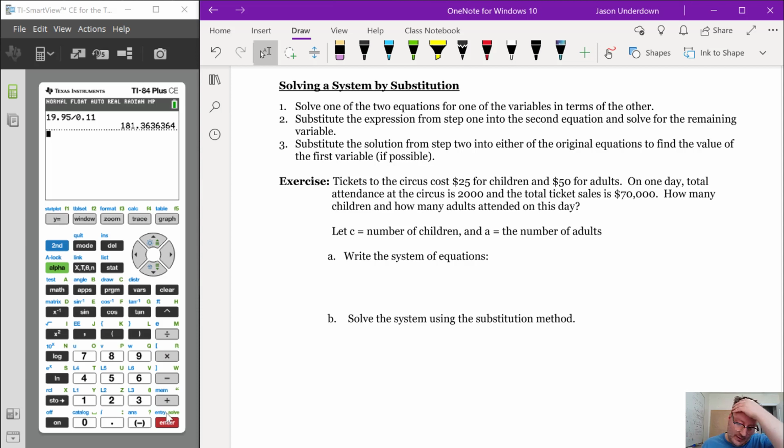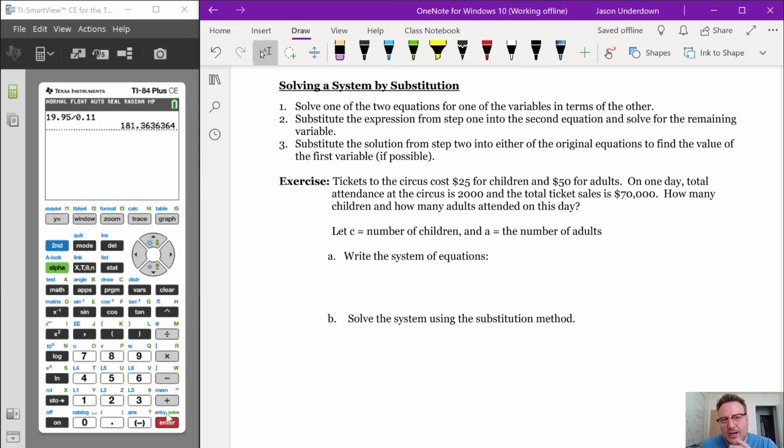Now we have two unknowns. We don't know how many children and how many adults attended the circus. So in order to solve for two unknowns, we need two equations. We need a 2-by-2 system.